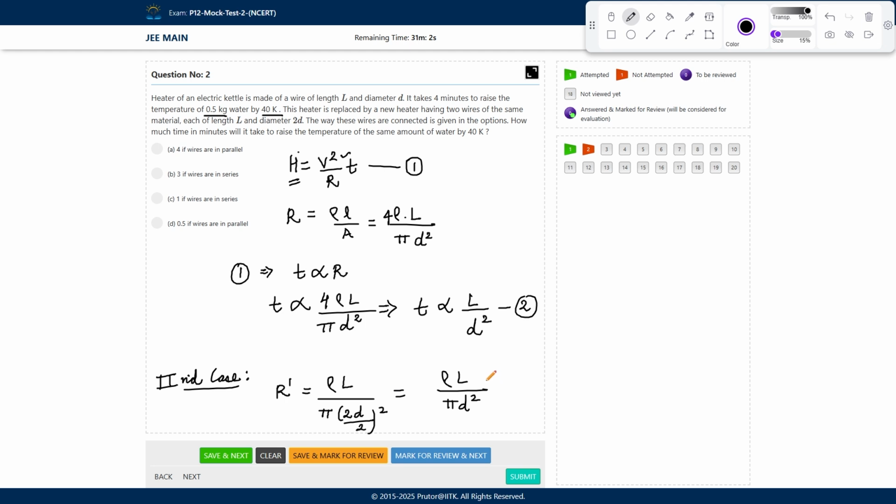Okay, so R dash of one wire will be, what is R? This, so R dash will be R by 4.